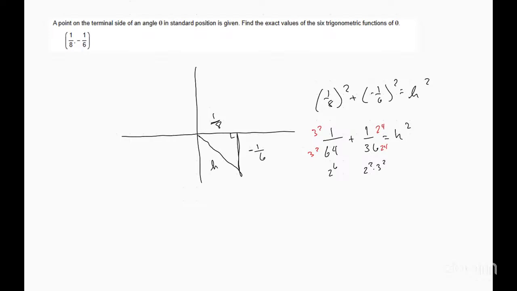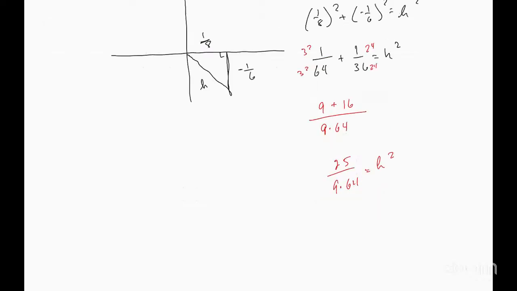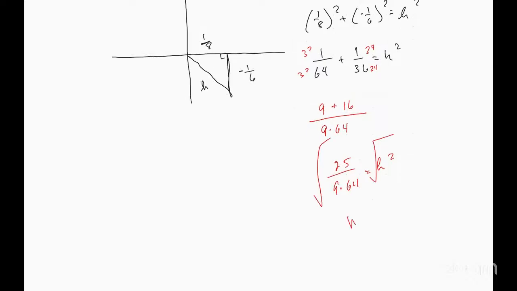So I get 9 plus 16 all over whatever 9 times 64 is. I'm just going to write 9 times 64. So that's 25 over 9 times 64 equals H squared. So if I take the square root of both sides, H equals 5 over 3 times 8, which is 5 over 24. Okay. So 5 over 24 is your hypotenuse.